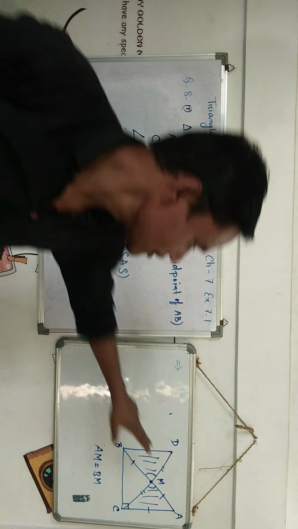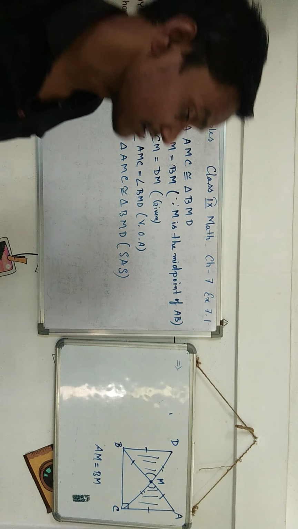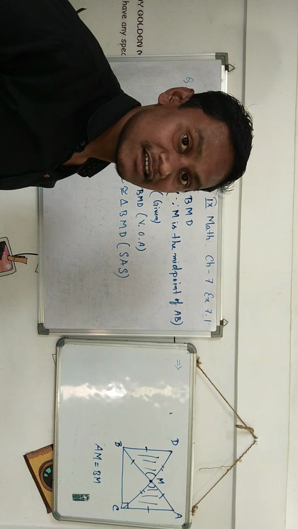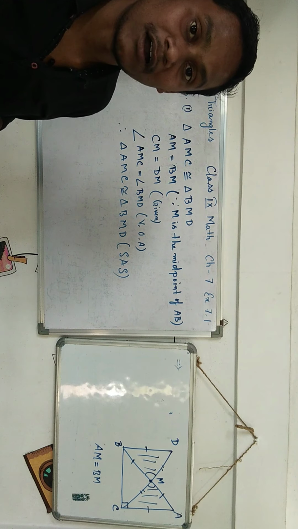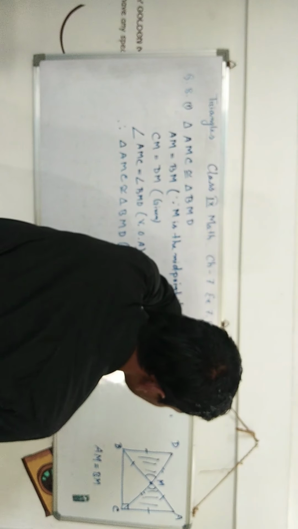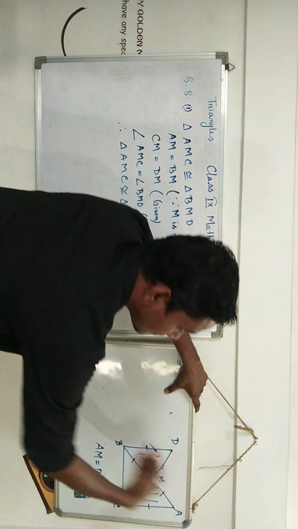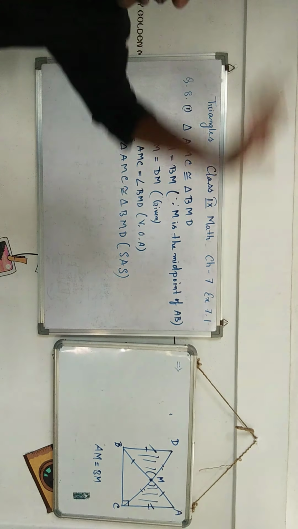Now since these two triangles are congruent, their corresponding parts will also be equal. Corresponding parts means, in this particular triangle BD is the side and in that particular triangle AC is the side. So these two sides will be equal.